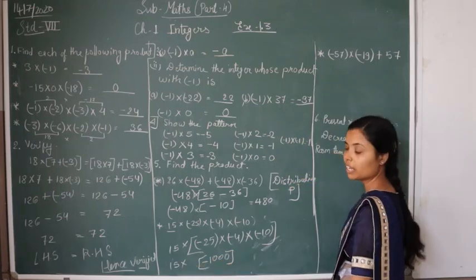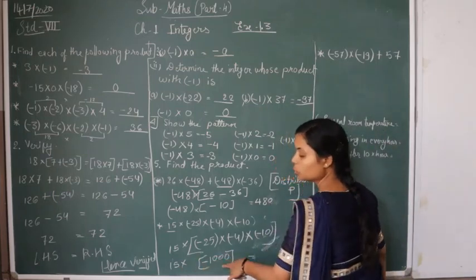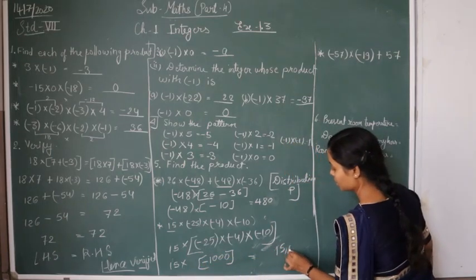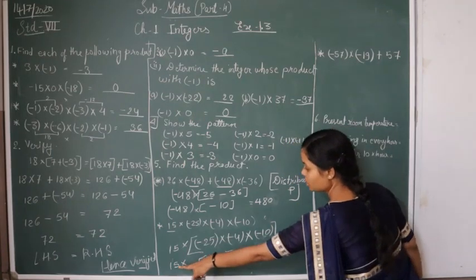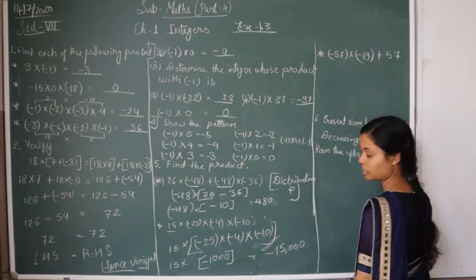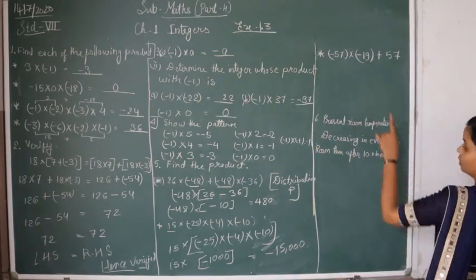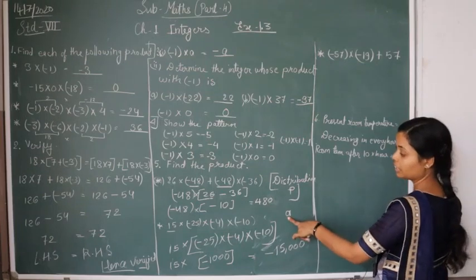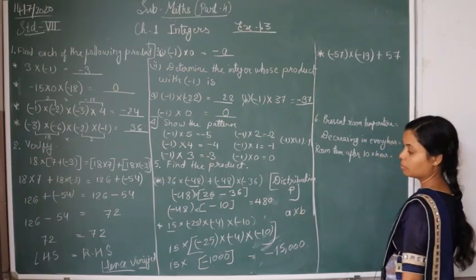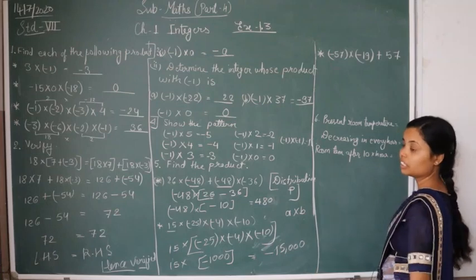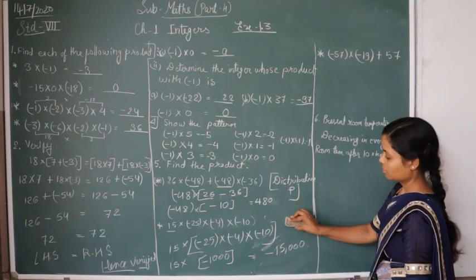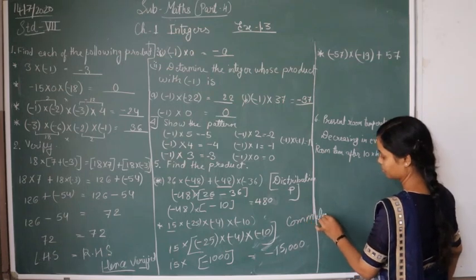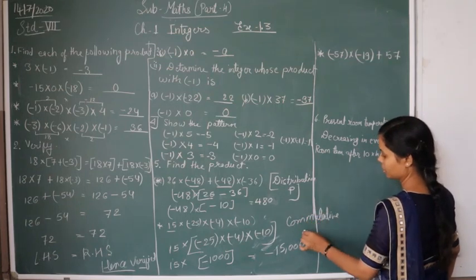Now multiply the last remaining 2 integers. So 15 multiplied by 1000 is 15,000, and the symbol is plus minus minus. Okay, so when we take an integer and multiply it by another integer, this is the commutative property.